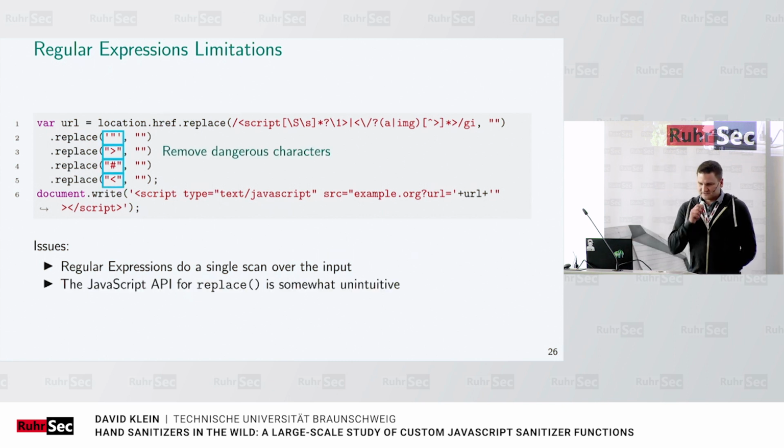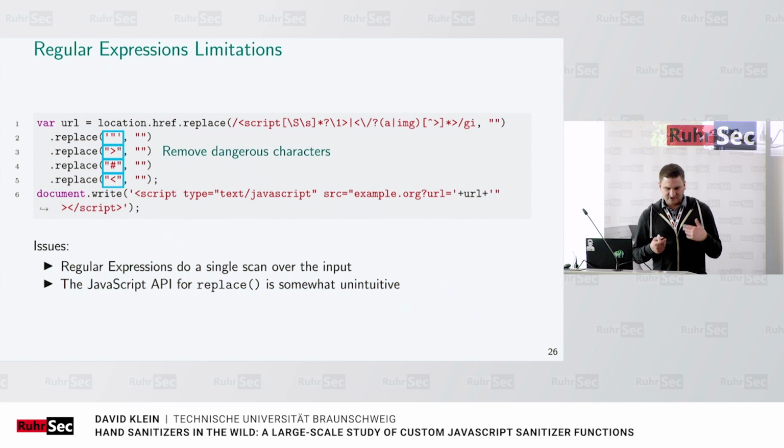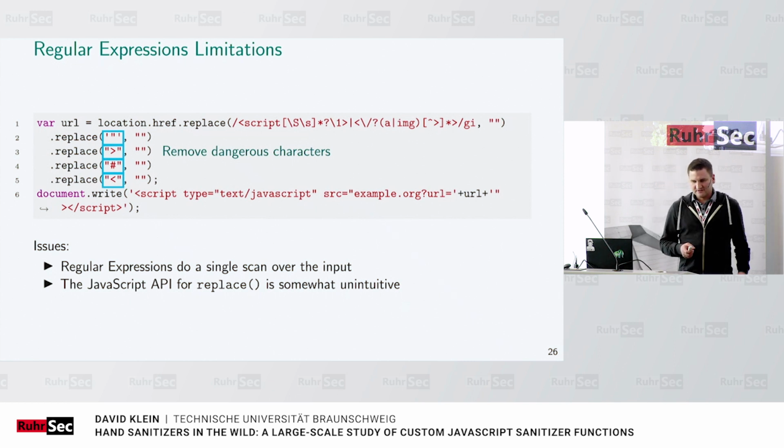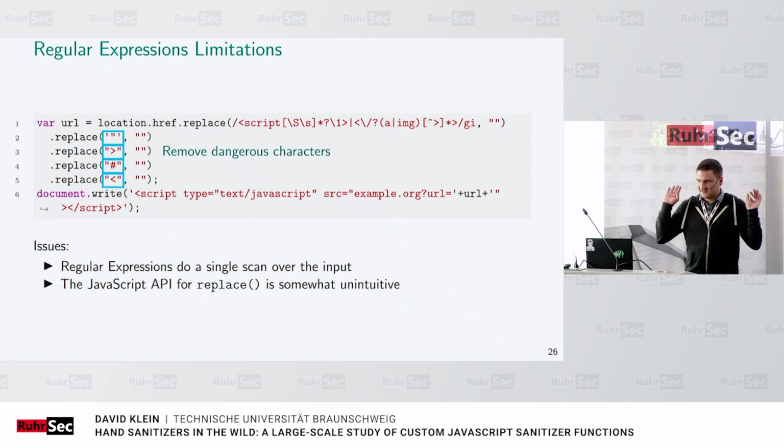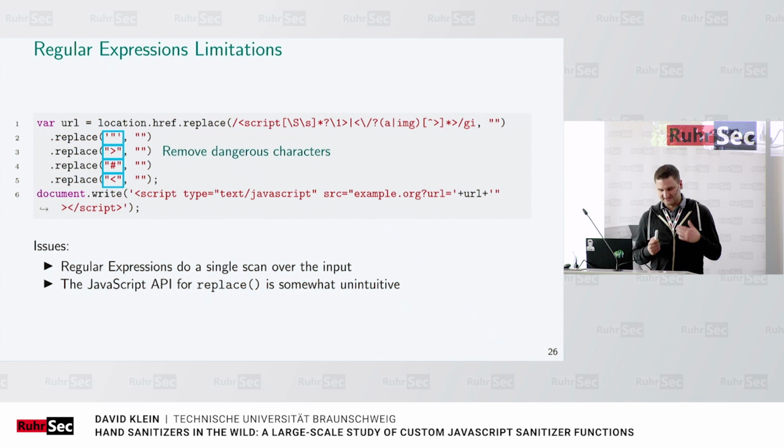And afterwards, the person tried to remove additional dangerous characters. That's a good idea, especially as the injection context, again, is some attribute of a script. However, as shown before, replace in JavaScript doesn't work like most people expect. I make this mistake all the time if I write JavaScript code. I don't know any other programming language where it's like this.